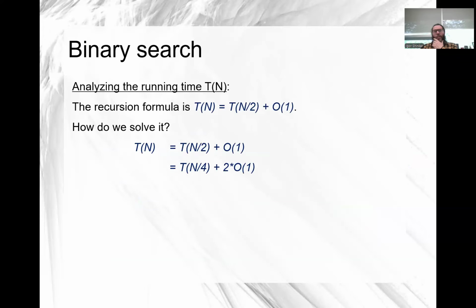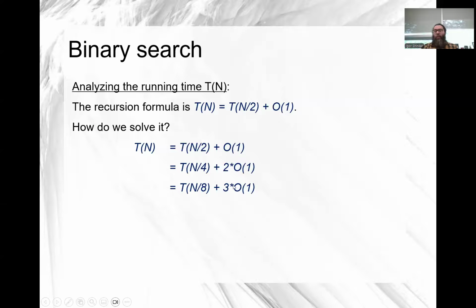How do we solve this? Well, T of n is T of n over 2 plus a constant. But what's T of n over 2? Again, we cut the array by half, so we get n over 4, and this constant appears here twice. What about T of n over 4?